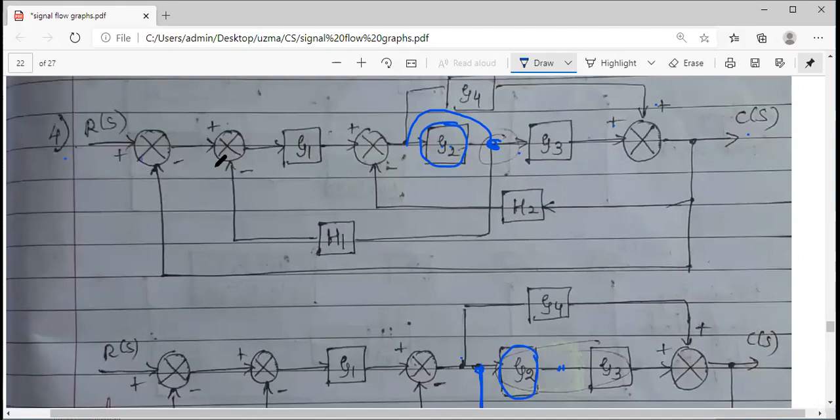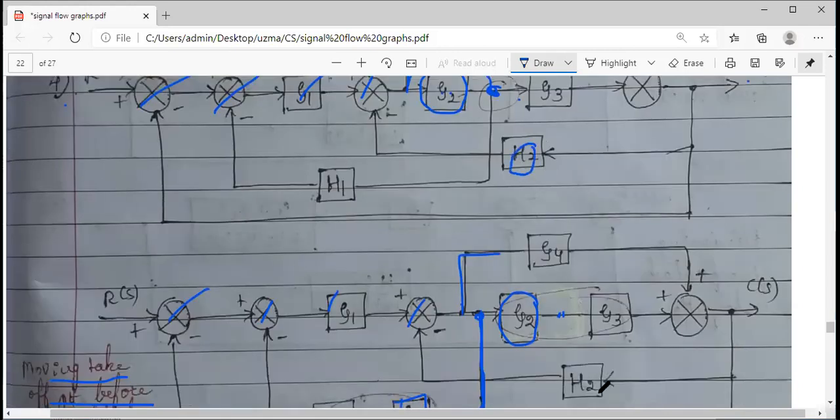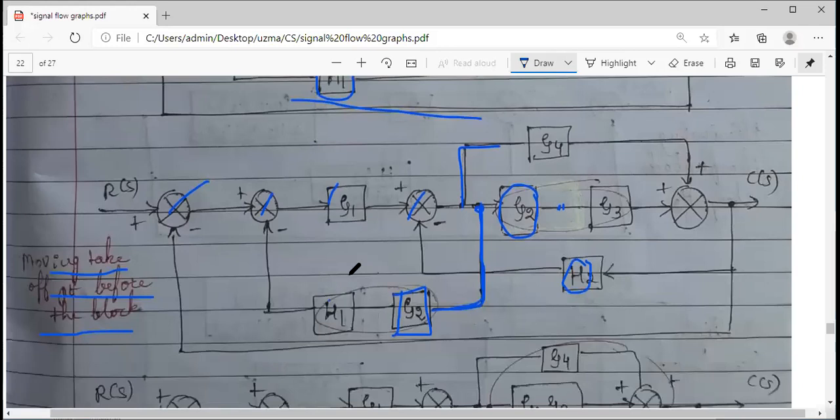Remaining all the diagram you have to draw the same. See, you have 2 summing points, G1, you have one more summing point, and there is a feedback here, not feedback actually, a takeoff point. There is a takeoff point. Remaining every connection should be drawn as it is. You have H2 here, H2 should be drawn as it is. You have H1 and a unity gain line.